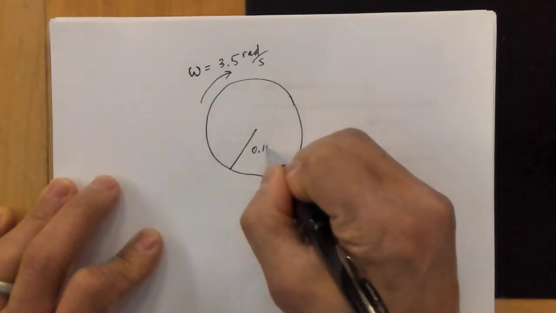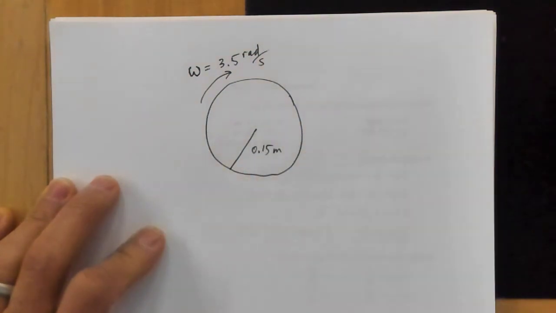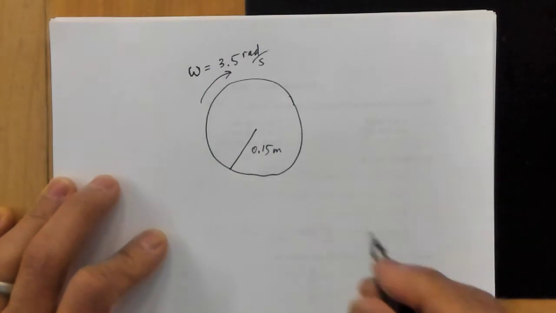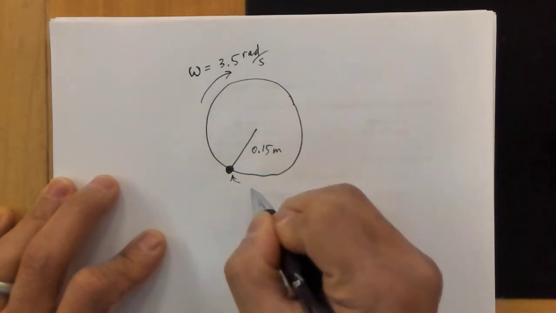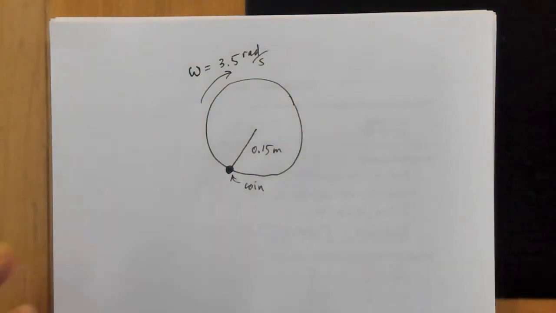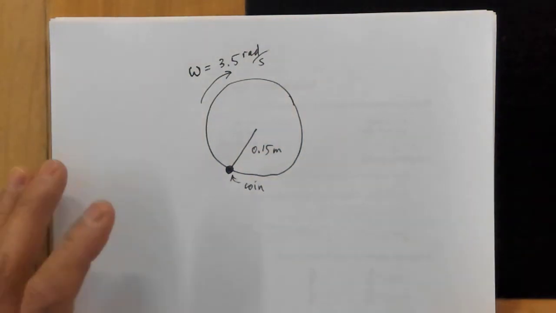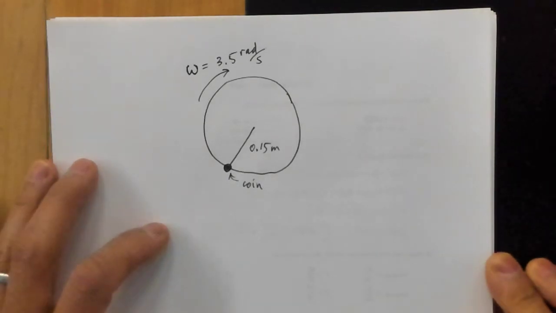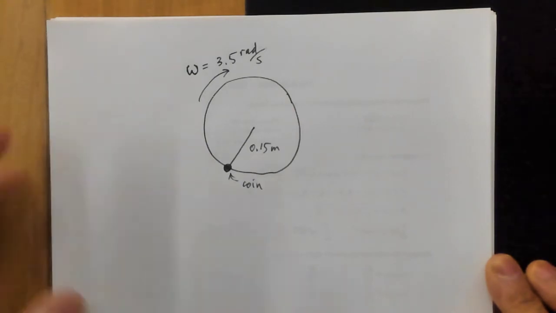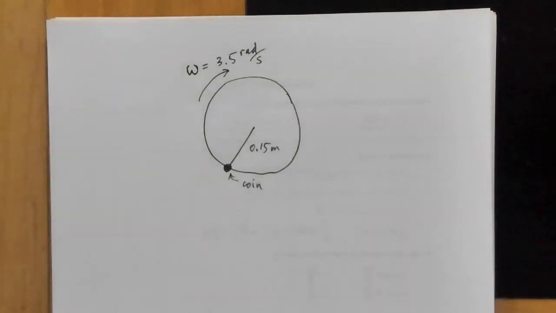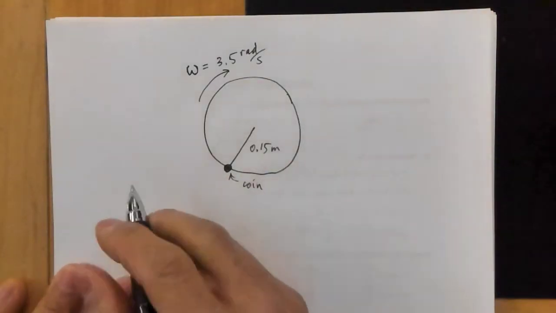A circle, radius 0.15. And then we have a coin here.